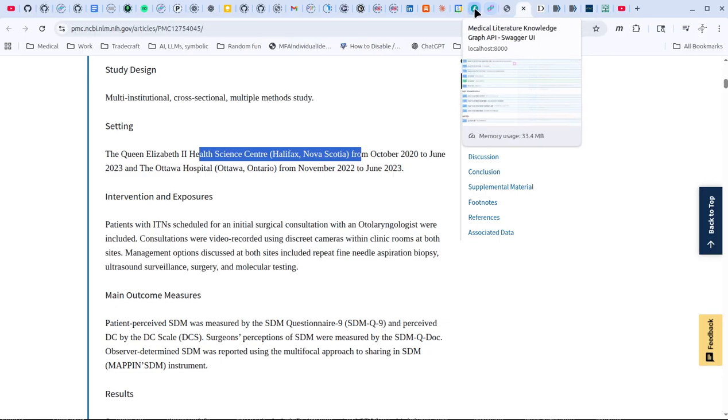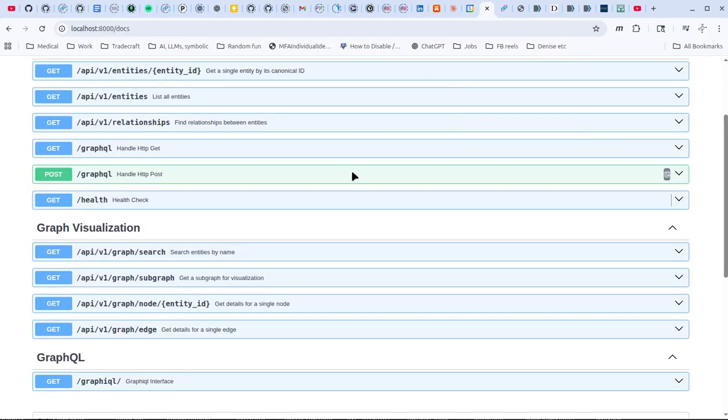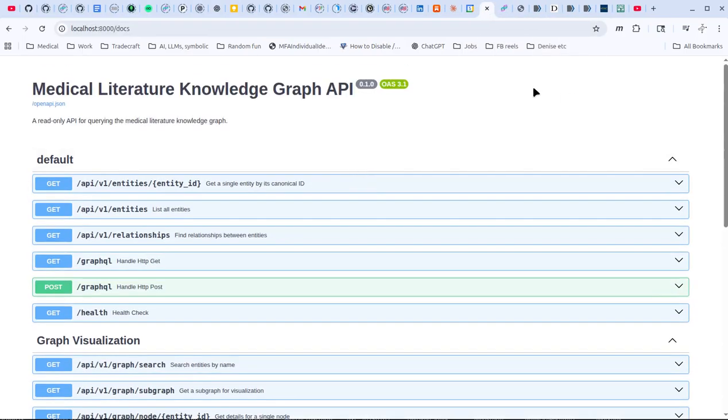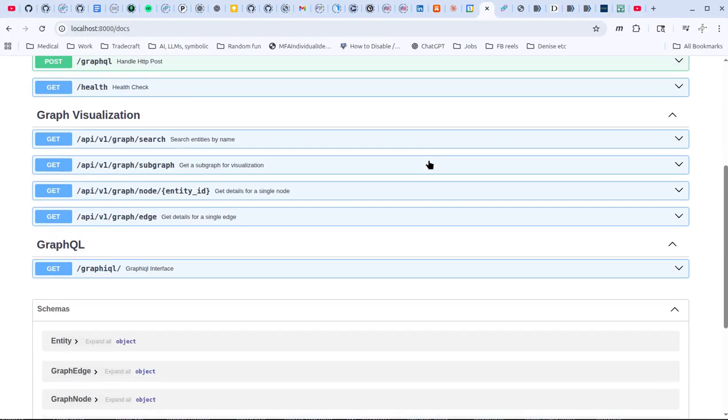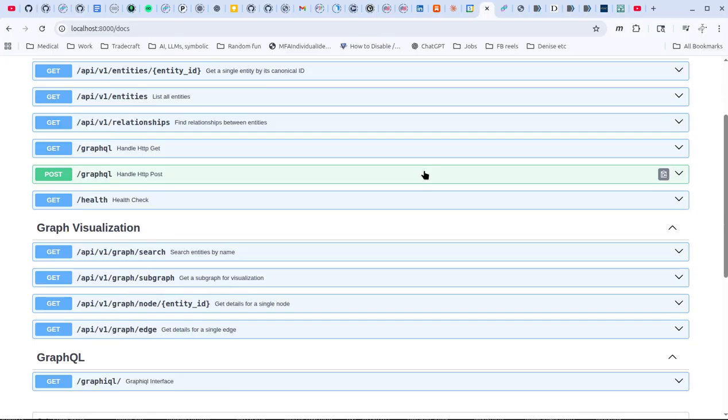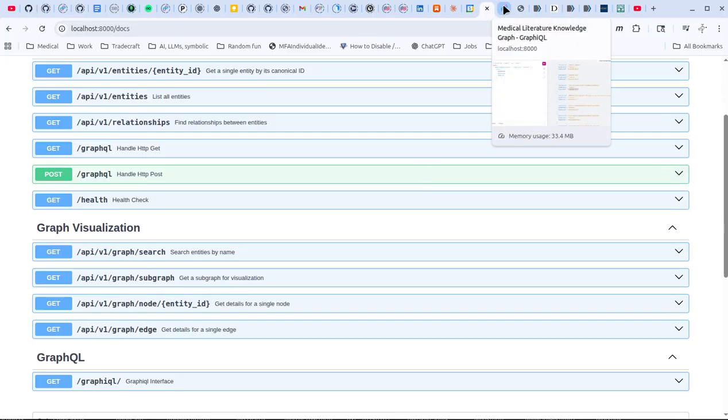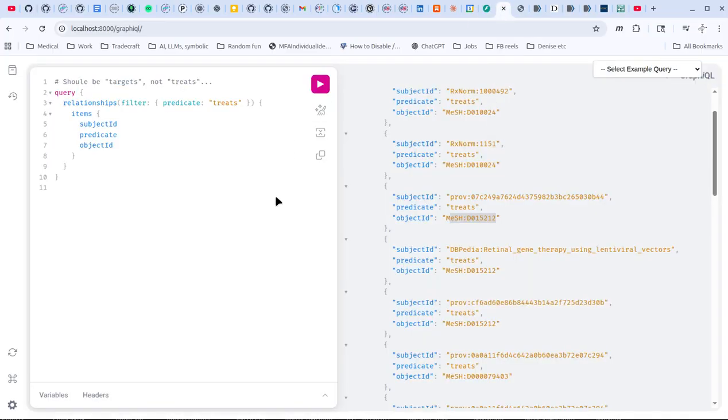Let's see, other things that this is doing. If you're a software geek, you may be familiar with the docs view of FastAPI. This is all the API endpoints that we're using. We also have a GraphQL view. This lets us look at, oh, okay, that's why that's messed up.